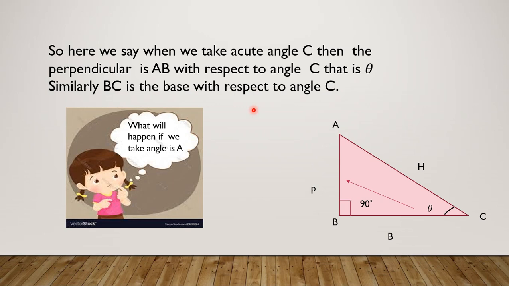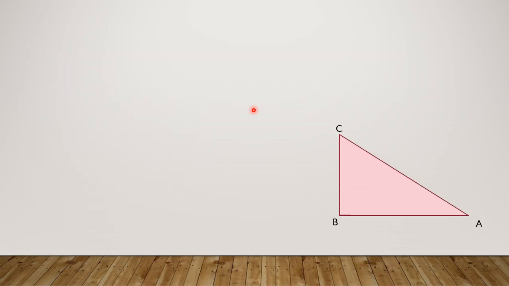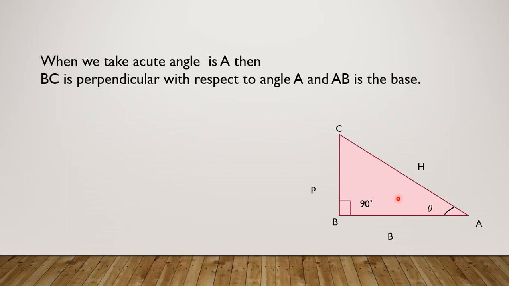So the question arises, what will happen if we take angle A? Now when we take angle A as the acute angle, again, if angle B is 90 degrees and we are taking A as an acute angle denoted by theta, the side which is opposite to theta is the perpendicular, and the side which is the base for this acute angle theta is the adjacent side.